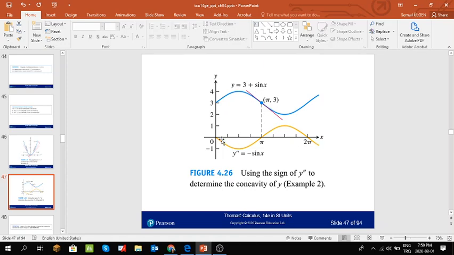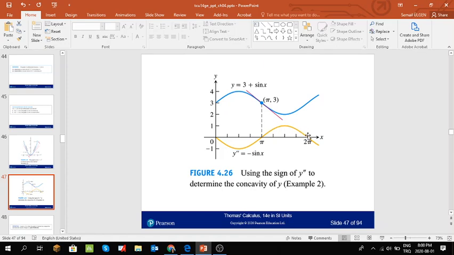As you can see, the second derivative is negative between 0 and pi, and positive between pi and 2 pi. So the graph of f is concave down between 0 and pi, and after pi it is concave up because the second derivative is positive.